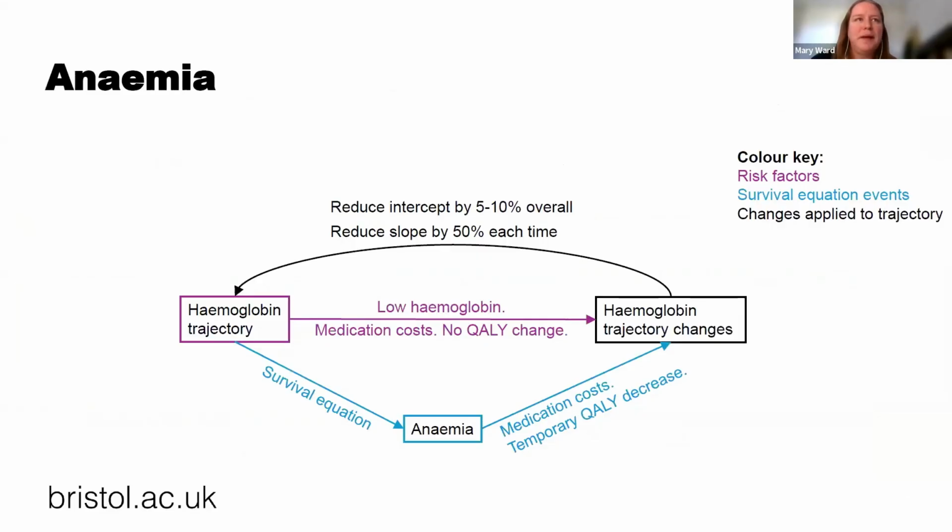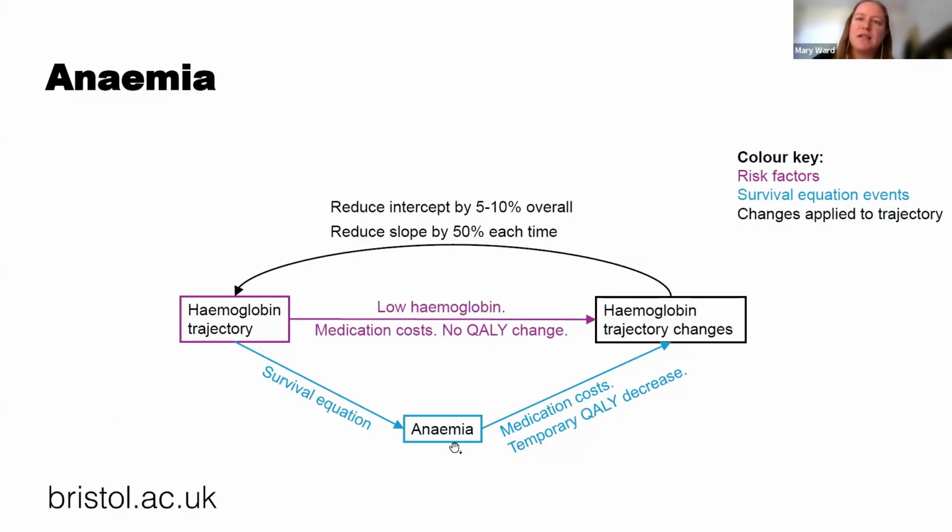As more of a picture way of showing it, for anemia, the purple line going across here is if there was a blood test that measured that you had low hemoglobin. So this is working via the trajectory, and that would then lead to changes in the hemoglobin trajectory. Alternatively, the trajectory values, like risk factors, might feed into the spiral equation, which then means you've got a higher chance of anemia.